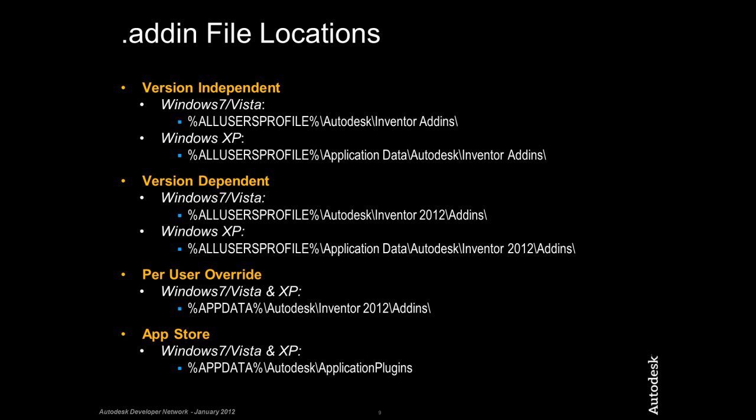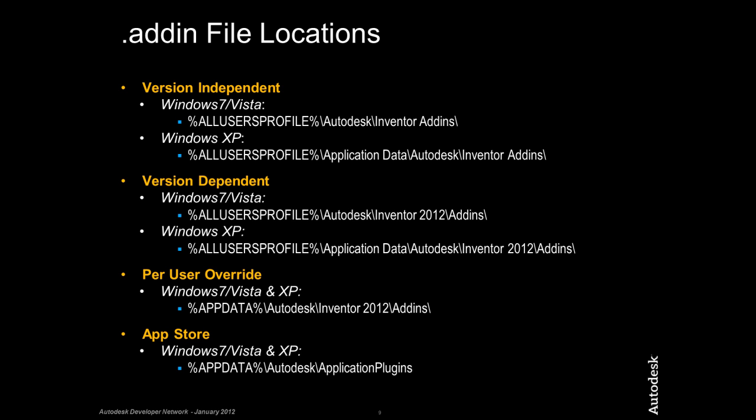The version dependent directory is specific to a certain version of Inventor. Here we can see that the directory is referenced for Inventor 2012, so if we want to load our add-in in Inventor 2013, we will need to place the .addin file in the Inventor 13 directory.